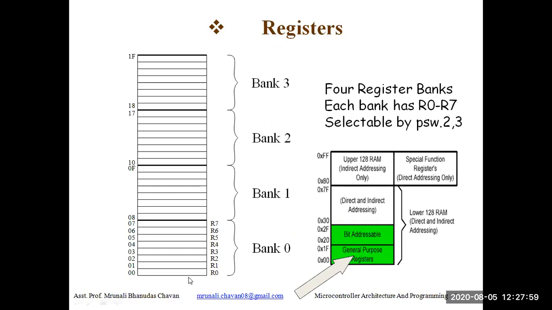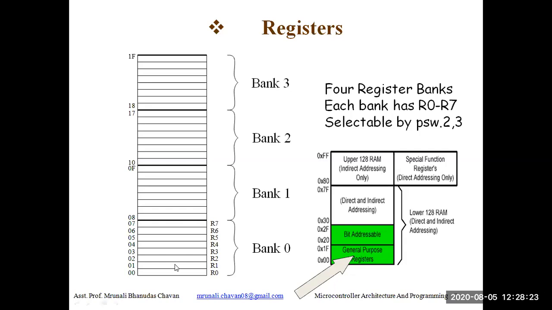As previously discussed, the 8051 has a total of 4 register banks, numbered register bank 0, register bank 1, register bank 2, and register bank 3, in the 128 byte RAM of the 8051 microcontroller.